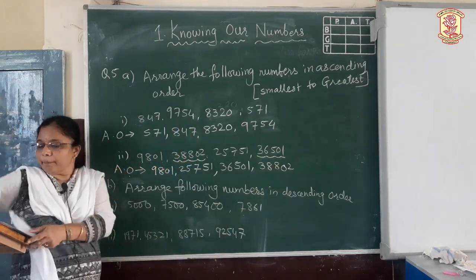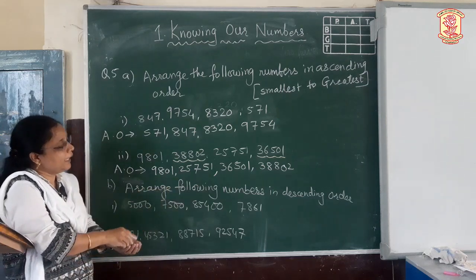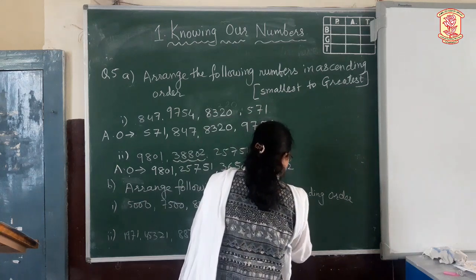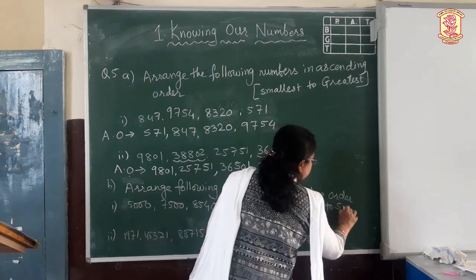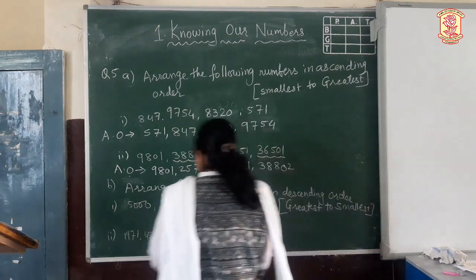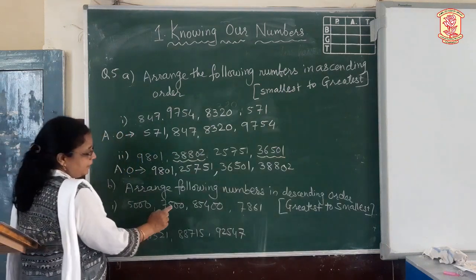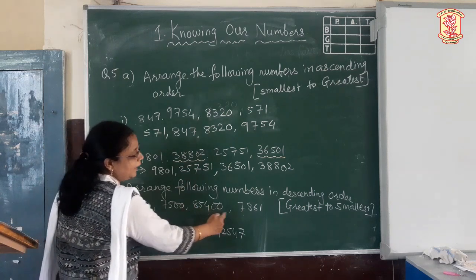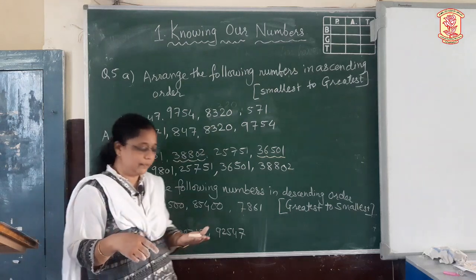Now question B. Arrange the following numbers in descending order. For descending order, we write the numbers from greatest to smallest. Now first question: 5,000, 7,500, 85,400 and 7,861.